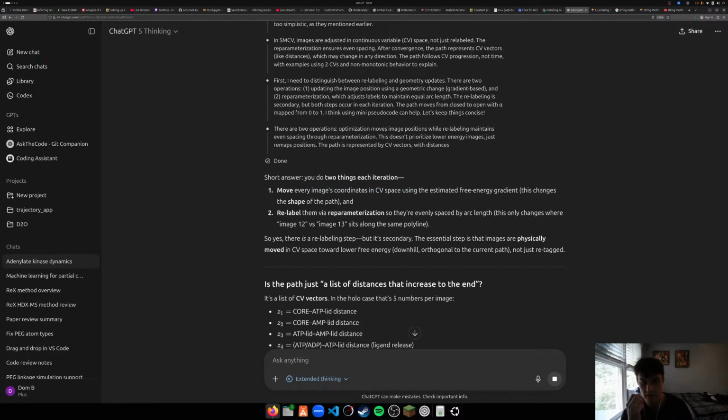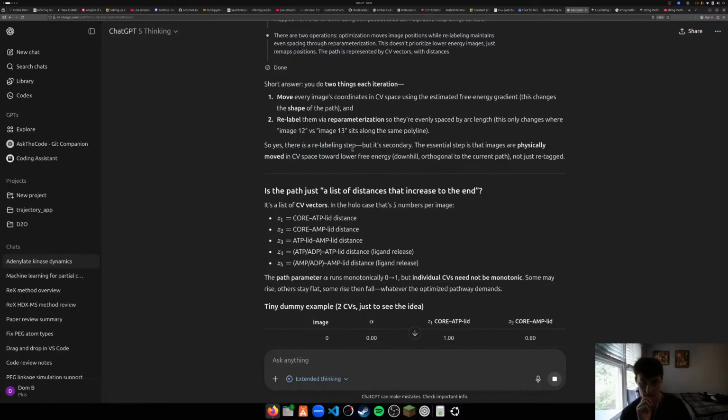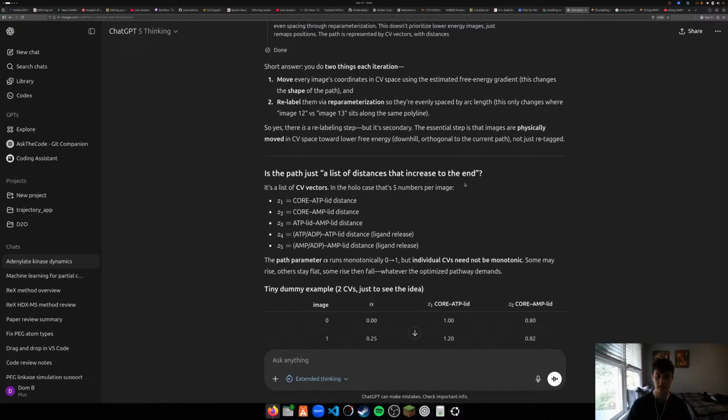You do two things each iteration. Move each image's coordinates in CV space using the estimated free energy gradient as the shape of the path. Relabel them via reparameterization, so it's along the same polyline. So yes, there is a relabeling step, but it's secondary. The essential step is that the images are physically moved in CV space toward lower free energy, not just retagged.